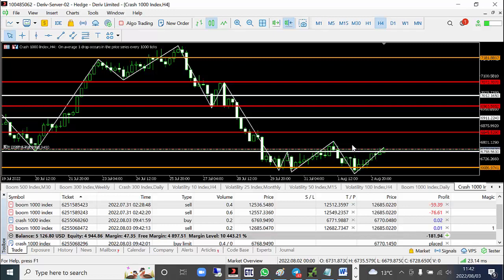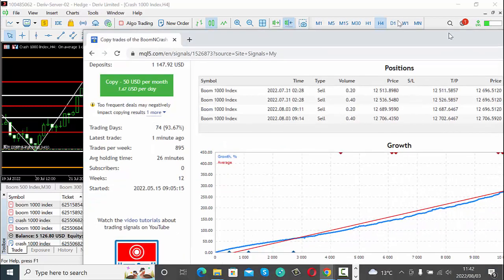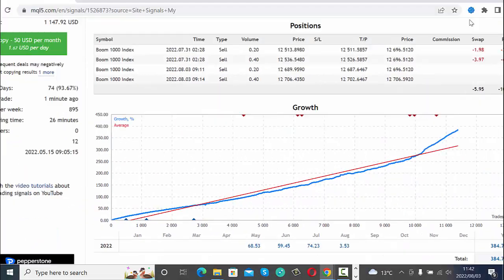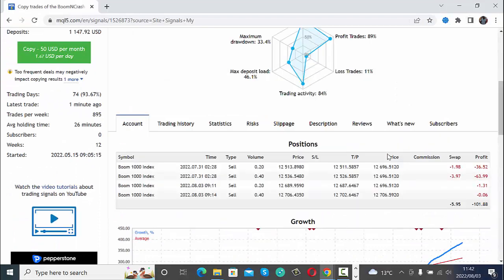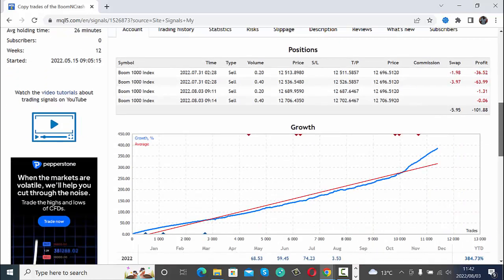This is the way I've been trading for the past over 3 months, and this is my result. This is how I've been trading this account, and this is my result as at this morning.